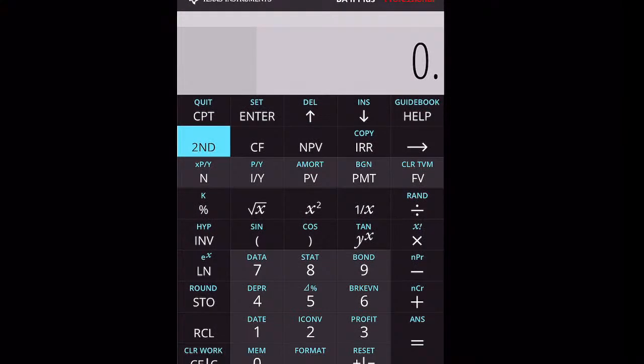Okay, so let's see. Clear that. I'm going to hit 1.002 divided by 1.005 equals. Let me adjust this just for the picture.